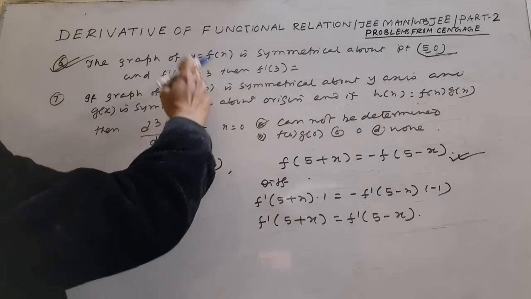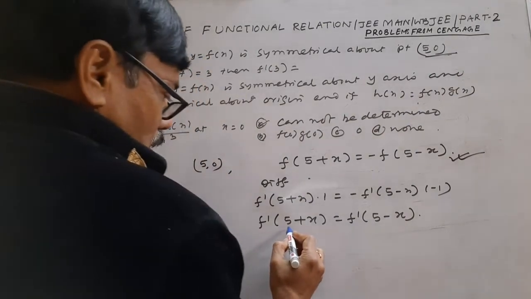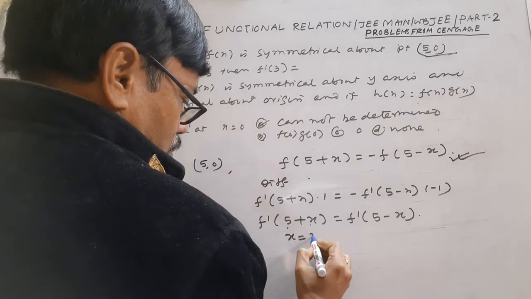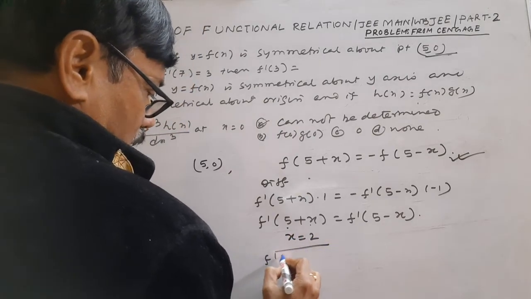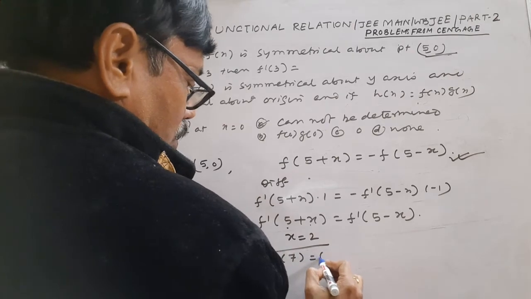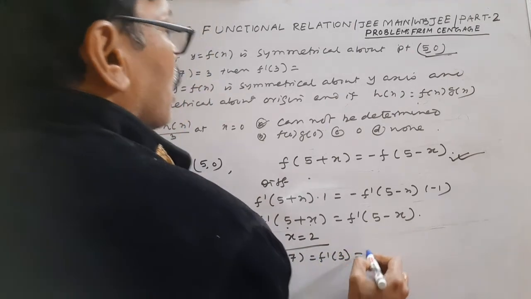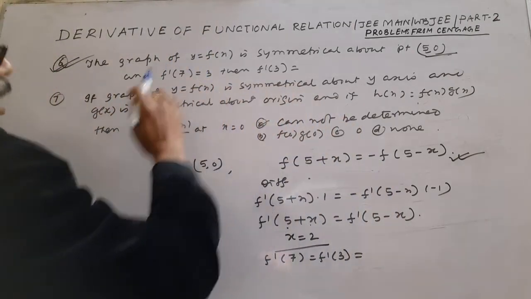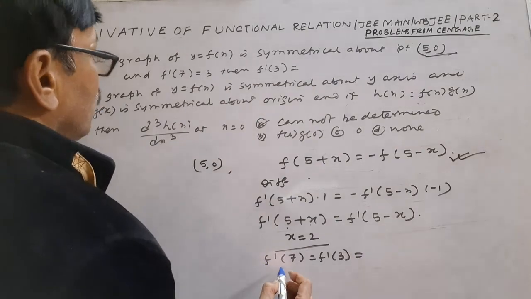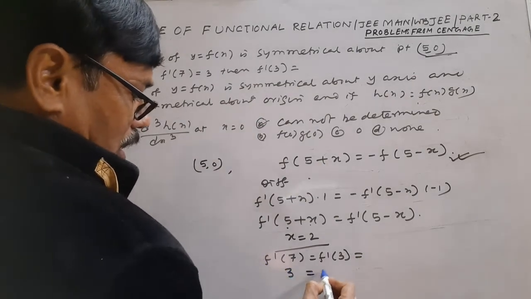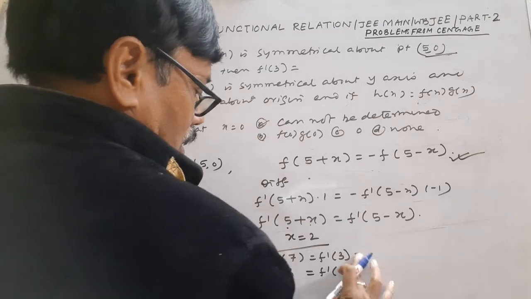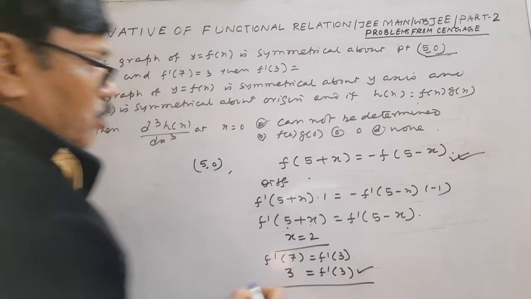Now f'(7) is given. To get f'(7), x equals 2. So f'(7) equals f'(3). Since f'(7) is given as 3, we get 3 equals f'(3). So f'(3) equals 3.